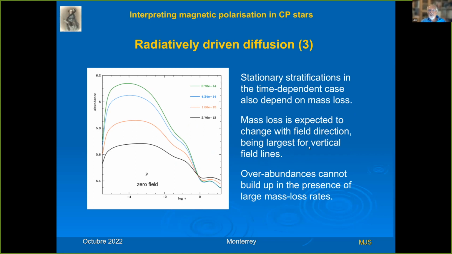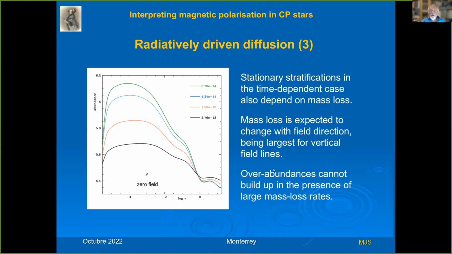Of course, the mass loss is also expected to change with the field direction. When the field is normal to the surface, then you're expected to have a larger mass loss than when it's horizontal.